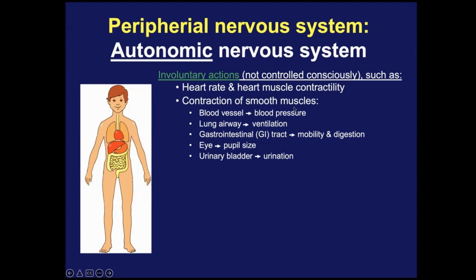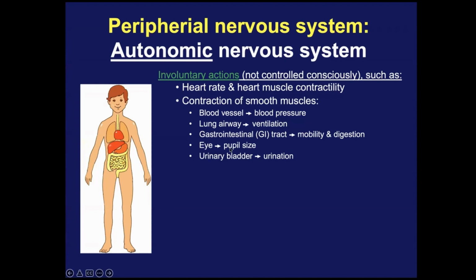The contraction of the smooth muscle in the gastrointestinal tract, or the GI tract, regulates the motility of the tract, which is important for the physical digestion of the food inside the GI tract.